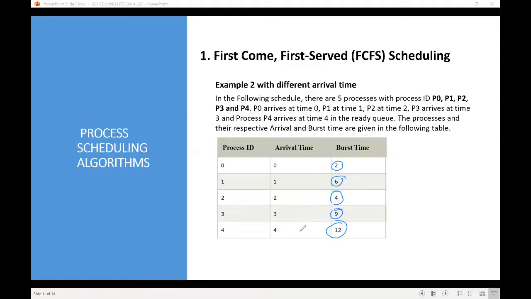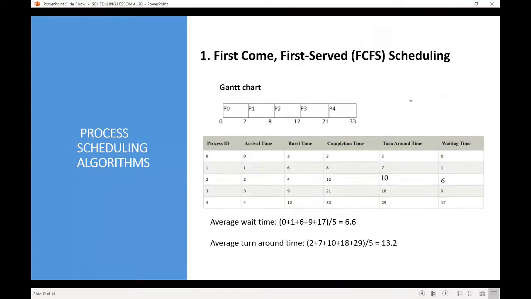So now, first step, as we said, we have to draw the Gantt chart. So we have process 0, P1, P2, P3, and P4.